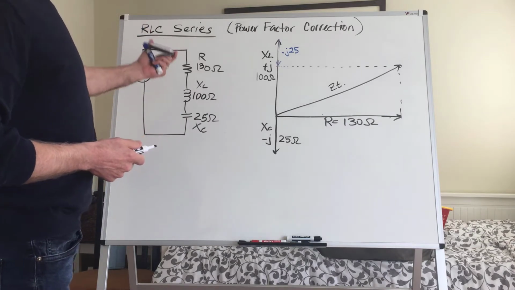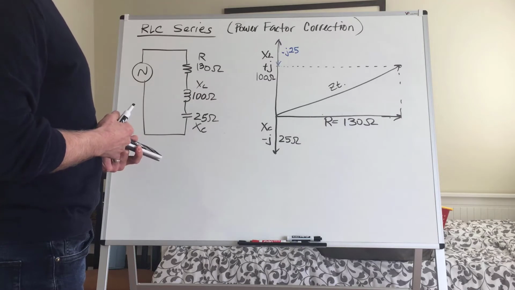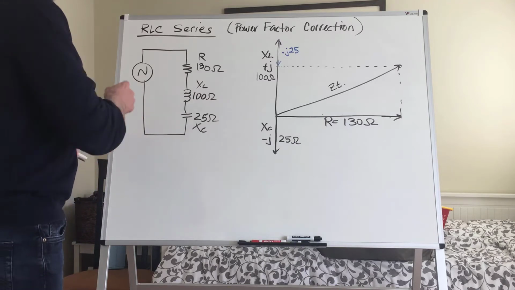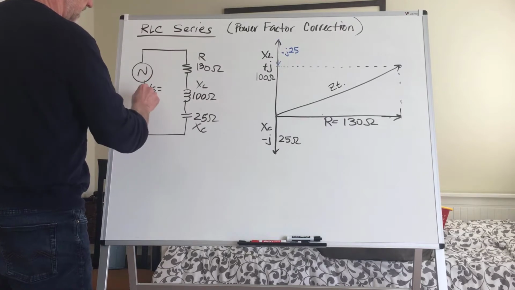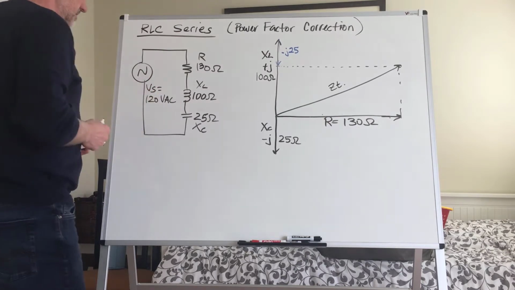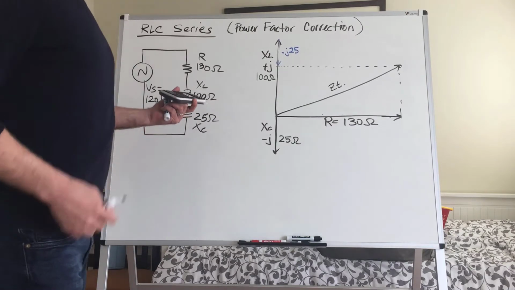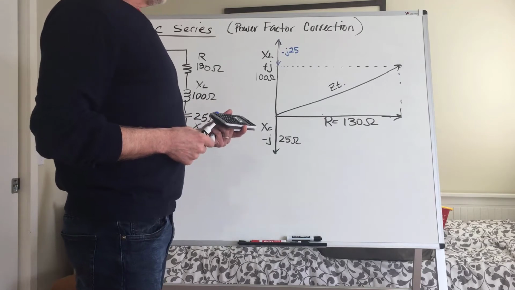In this case, we've given those values to avoid that step and concentrate on what's important here. So let's give VS a value as well, and we'll go with our typical 120 volt VAC source.